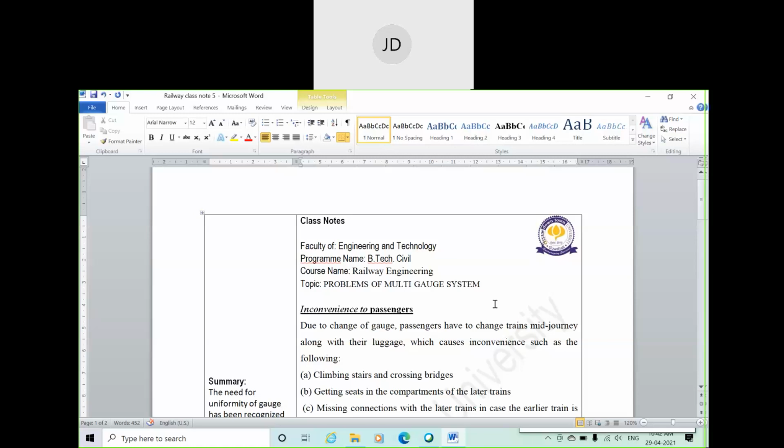So at least we have three unique track gauges, and each gauge has a different dimension. If you remember, gauge is defined as the distance between the inner faces of the two rails.